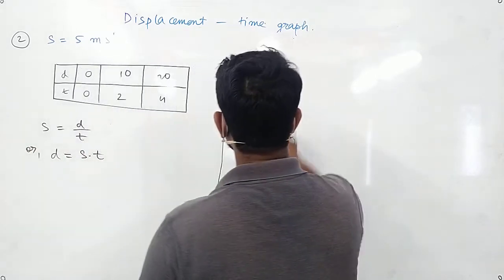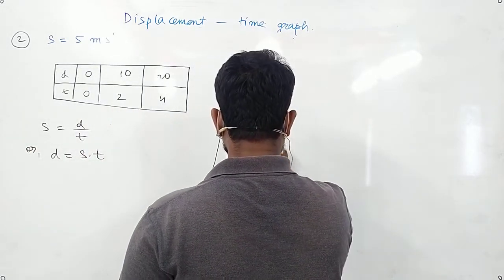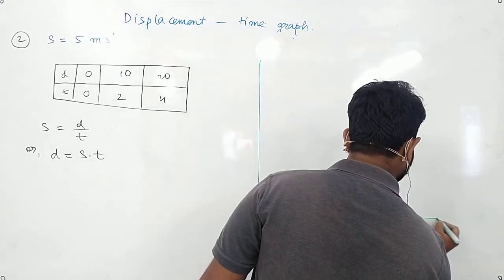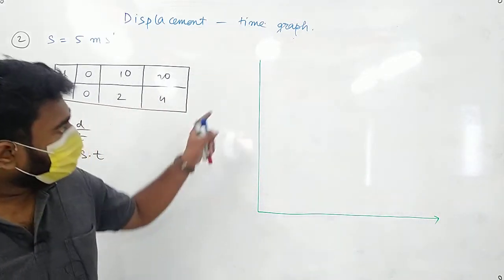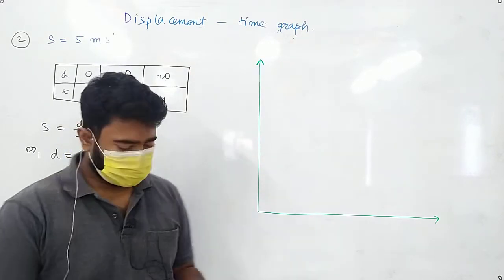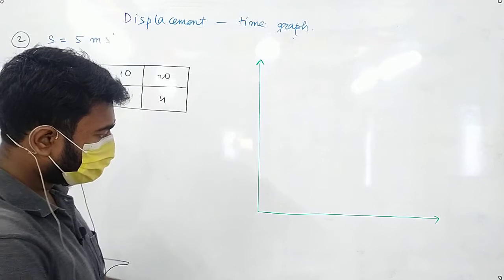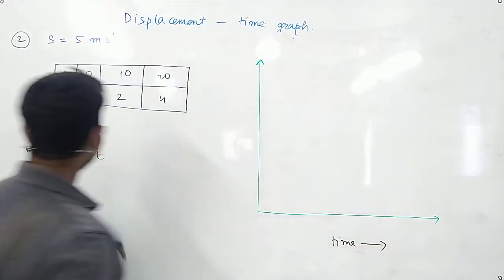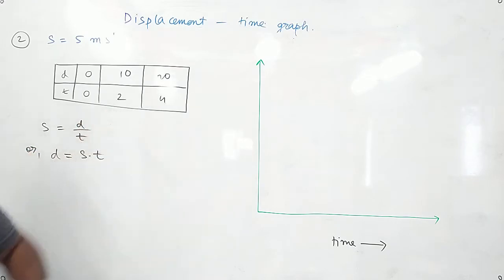So first of all, we will draw the axis. Which one we will put in the x-axis? Time. So here we are putting time. How much is our interval? 0, 2 and 4.